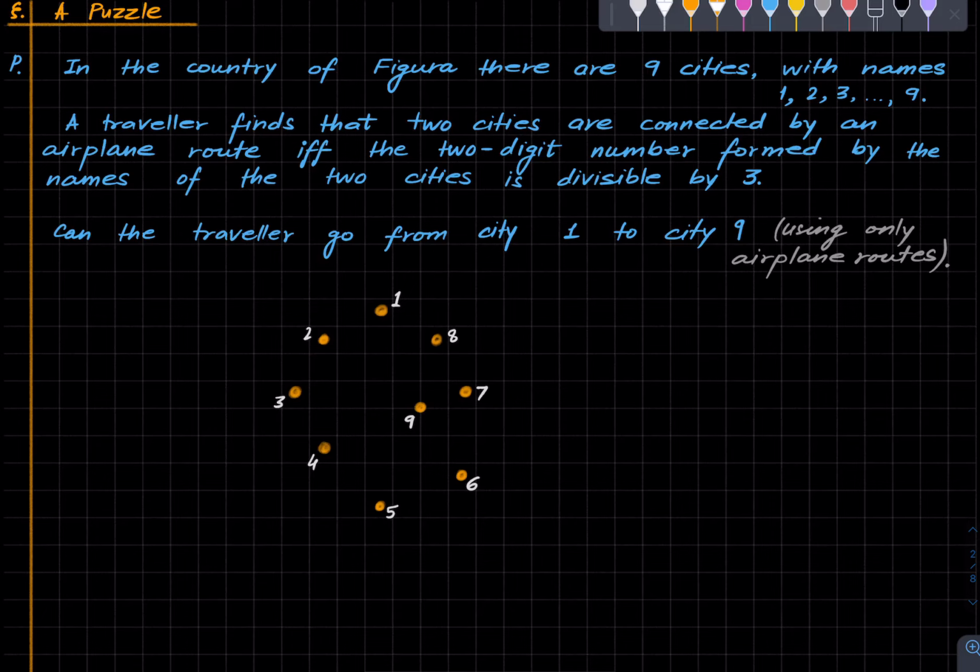So there is an airplane route between these two, but not between these two, because 13 is not divisible by 3, and so on. So the question is, can the traveler go from city 1 to city 9 using only airplane routes? So that is what we want to answer, yes or no. Okay, we will come back to this puzzle. Before we solve this, we will develop some concepts.